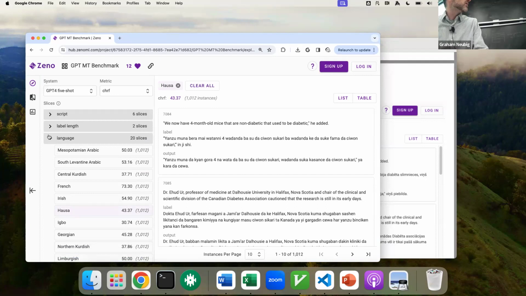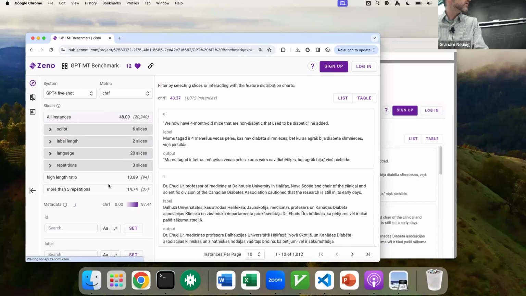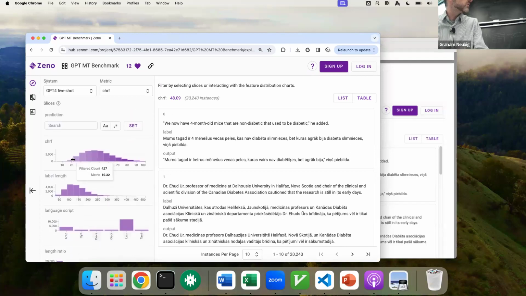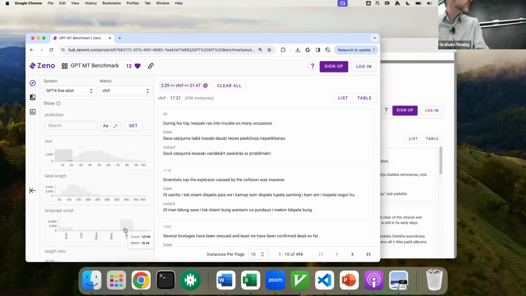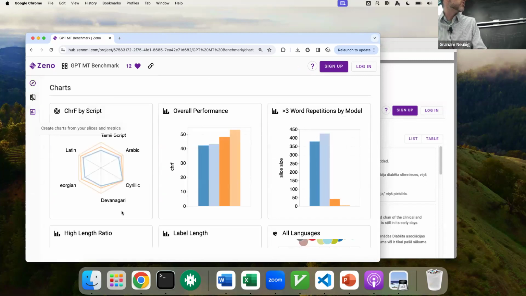Let me clear that off. I want to look at all examples where the accuracy is low. And now I can look at all the examples where the accuracy is low, and I can go in and examine them.